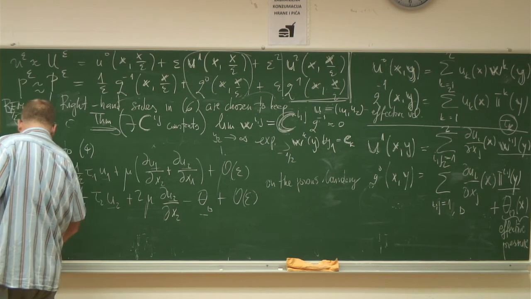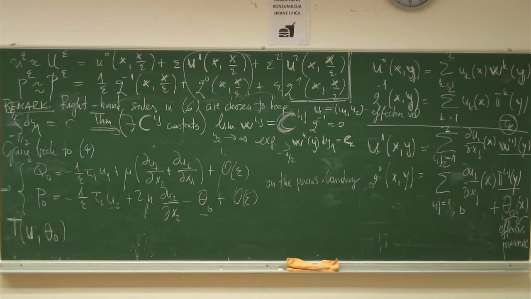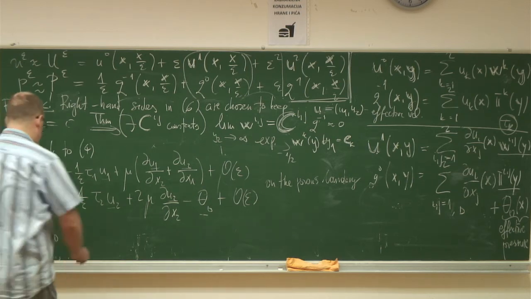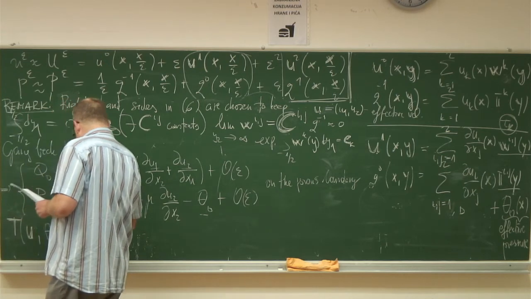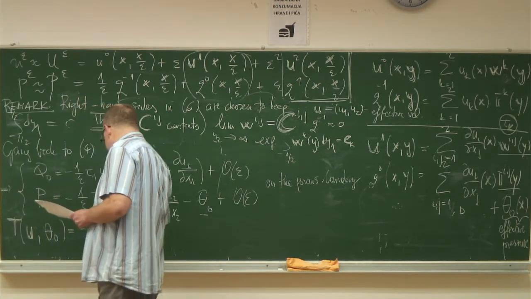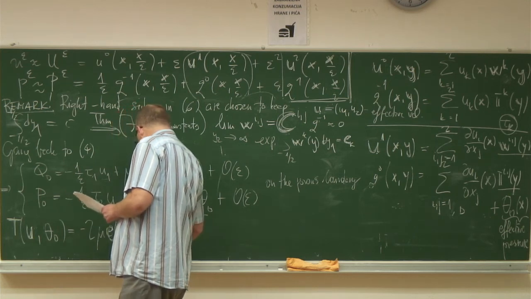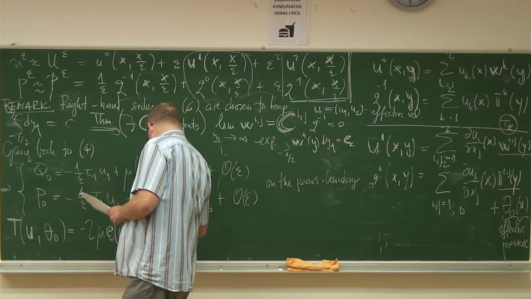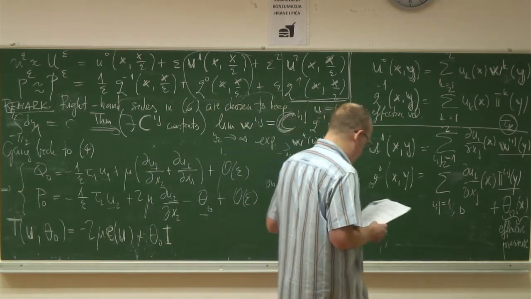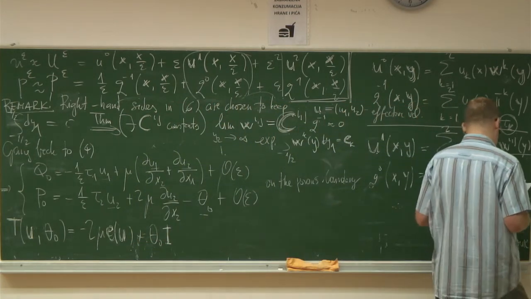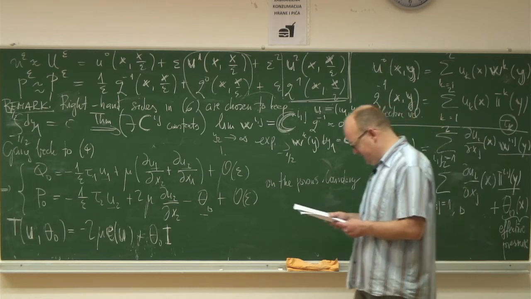That means that we compute the stress tensor satisfied by our effective velocity and pressure. It is, according to definition, this plus this. So this is effective stress tensor.